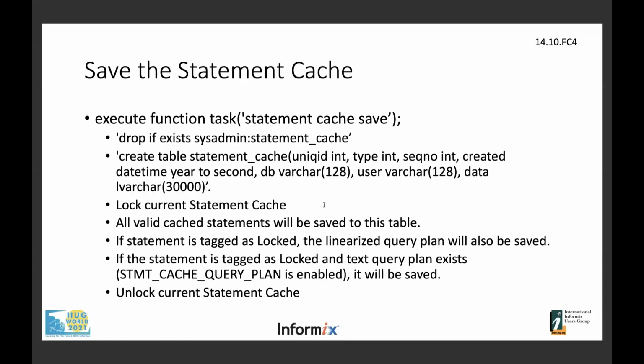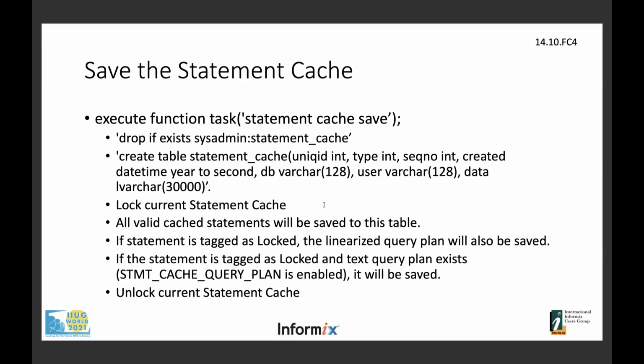You want to save that cache to disk in case sometime you want to restore it. If you save it off and something goes wrong, or even if you bounce your instance, you can bring it back up and then restore the cache with the exact same information that was in the cache when you saved it.